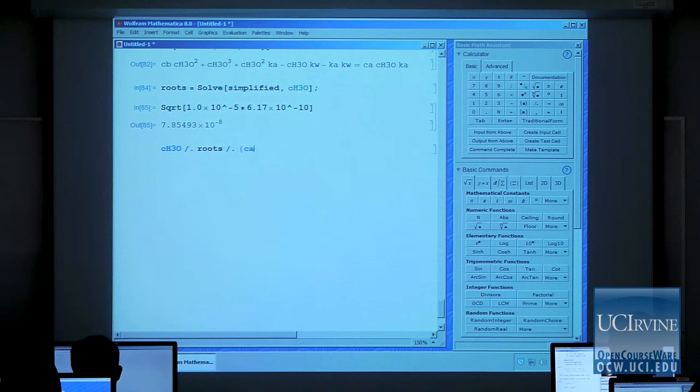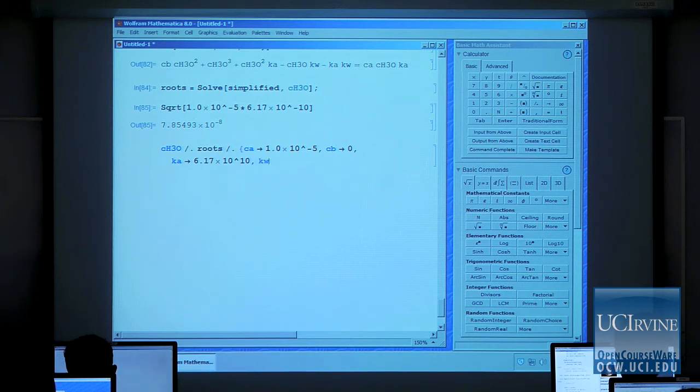So our concentration of acid, I said, was 10 to the minus 5 initially. We did not put in any conjugate base, so I'll set that equal to 0. We said that Ka is equal to 6.17 times 10 to the minus 10.